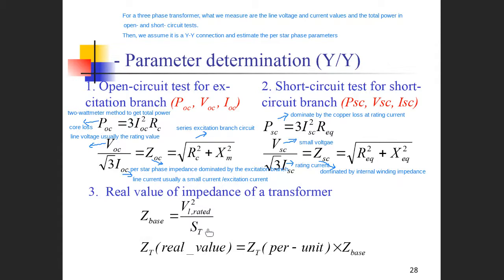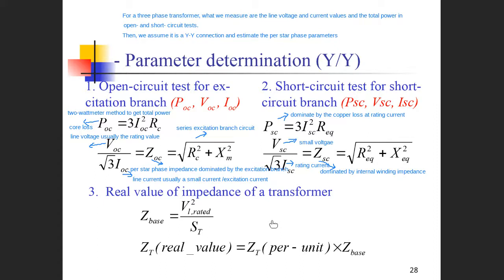Okay, so for the internal impedance of a transformer, usually by taking measurements we get the impedance, and then we convert the per phase impedance into the per unit value. So in the specifications of the transformer, it just has the per unit values, say 0.05, which means the percentage.